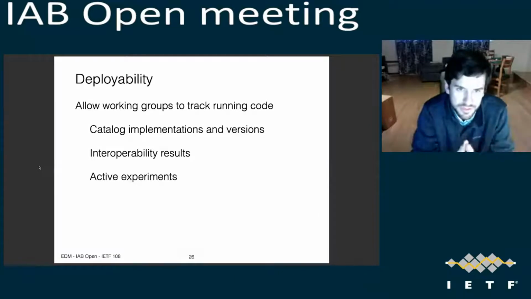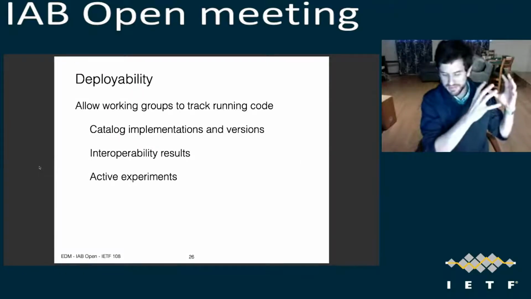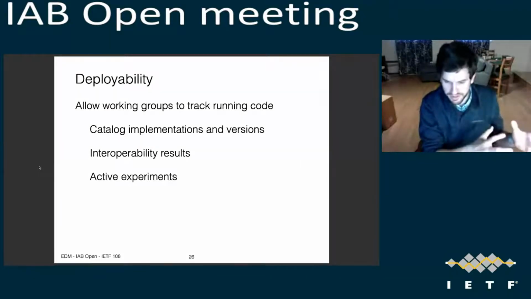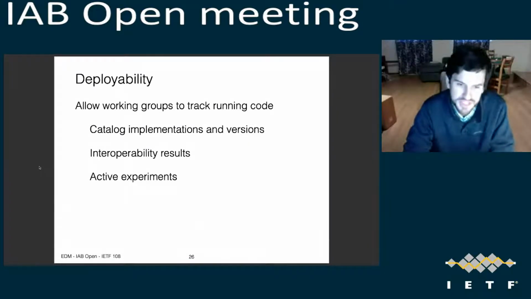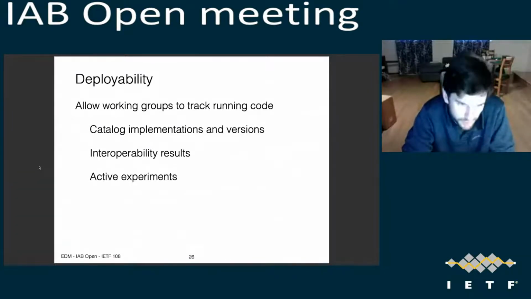So that was evolvability. The next part, deployability, is making sure that these things that we have in principle, in theory, are actually playing out when we are deploying our protocols. And ideally, we should know this before we actually publish our RFCs and know that these things are working and that they are going to work on the open internet.